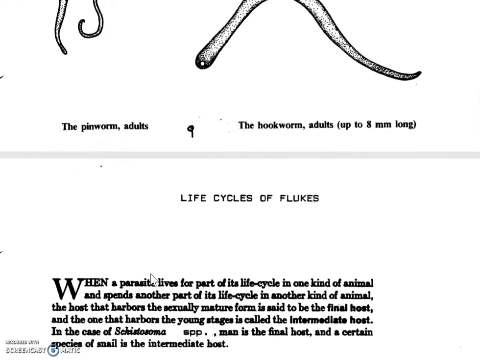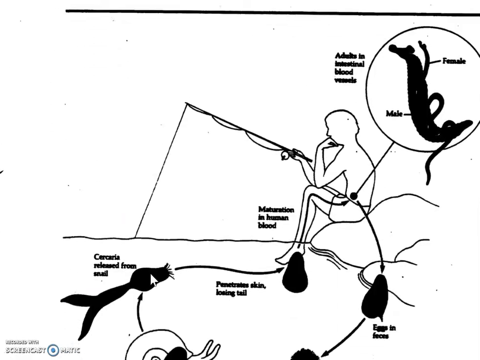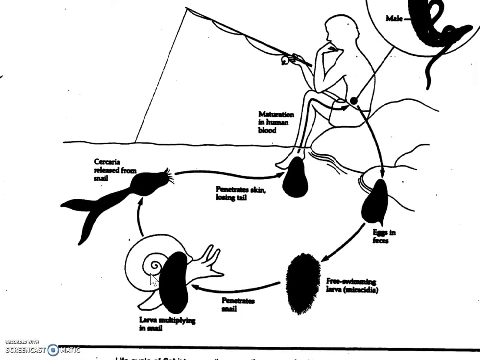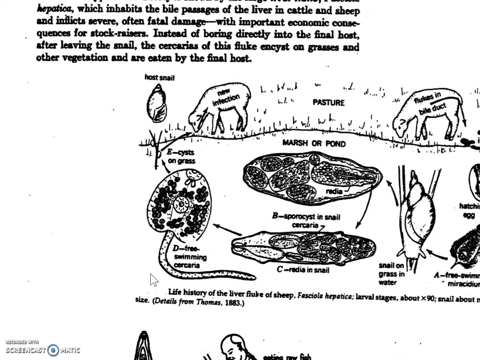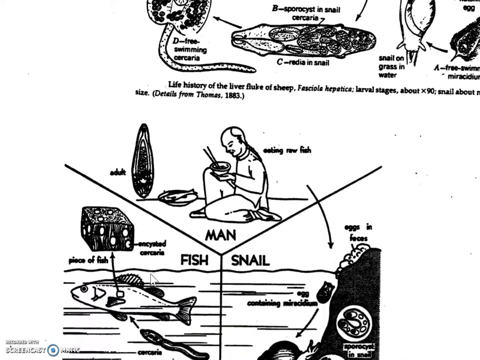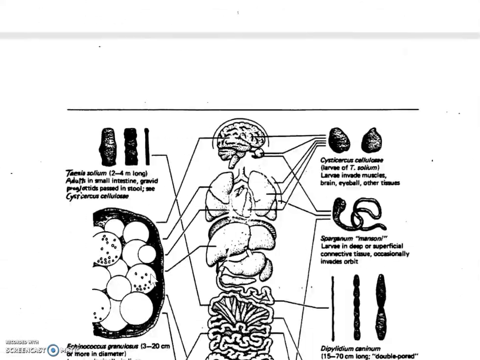There's a hookworm also over here. And then here some life cycle with some intermediate stages of a worm. And here's some more life cycles that you might find interesting. We had some of them in the lecture as well.